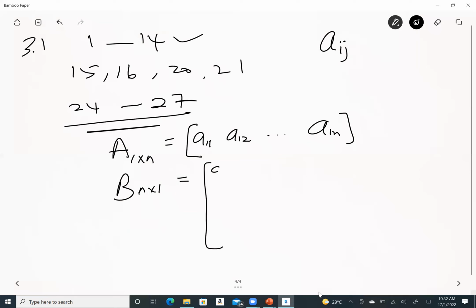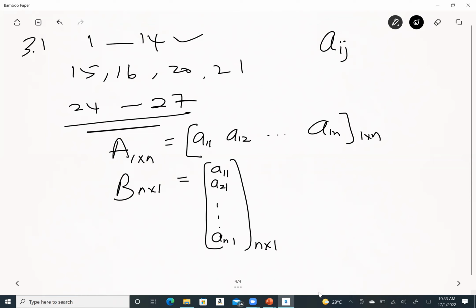It will go to A11, A21, up to An1. So you got one column. So this is 1 by n by 1.